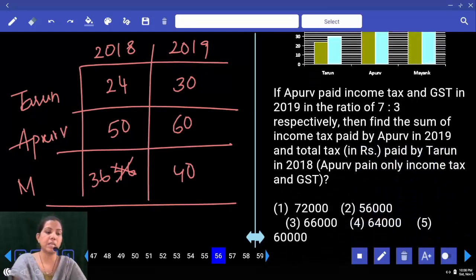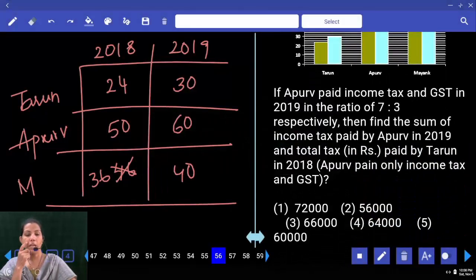Question number 56. If Apurva paid income tax and GST in 2019 in the ratio 7:3 respectively, then find the sum of income tax paid by Apurva in 2019 and the total tax paid by Tarun in 2018. Apurva paid only income tax and GST only.